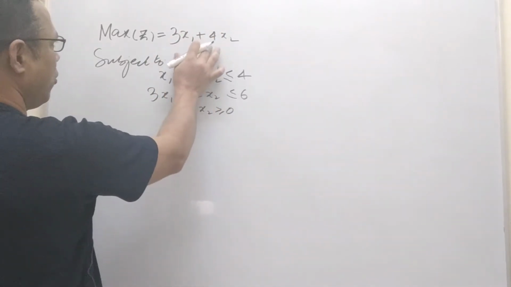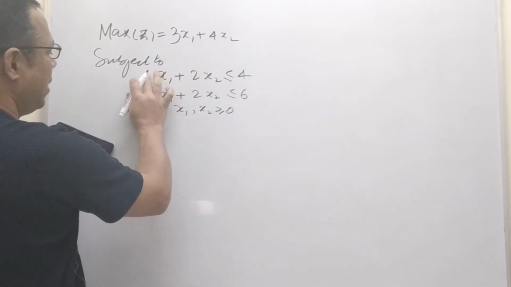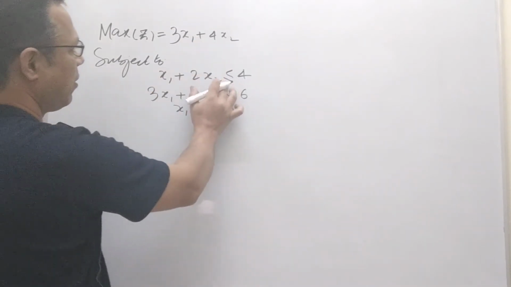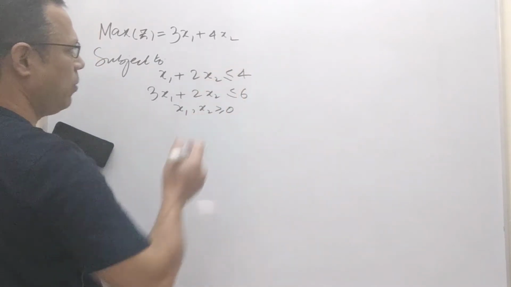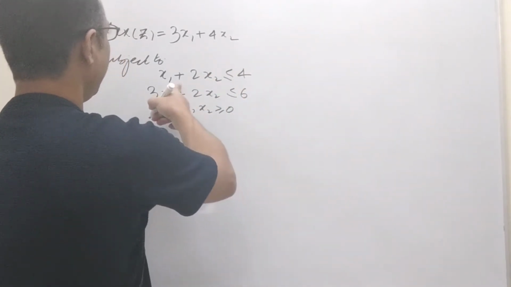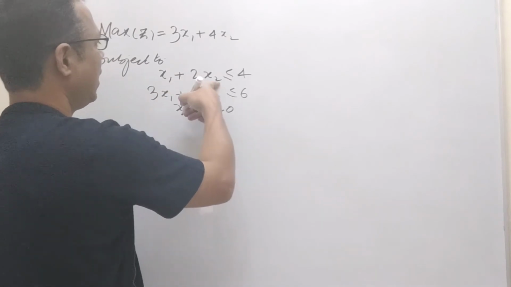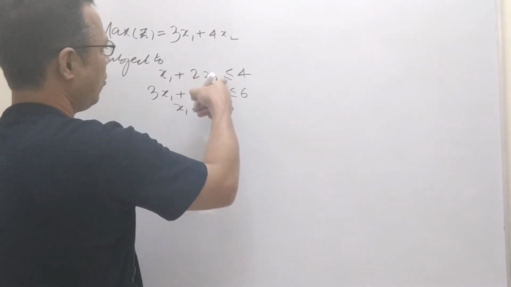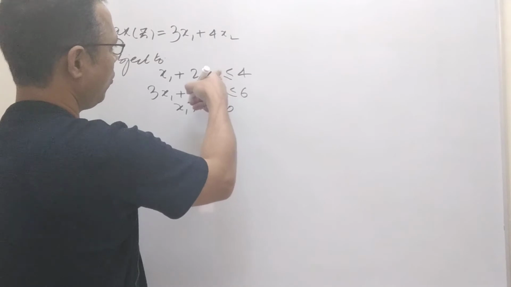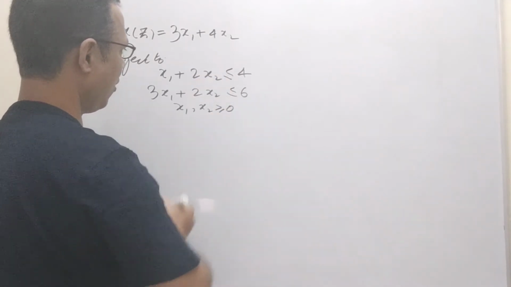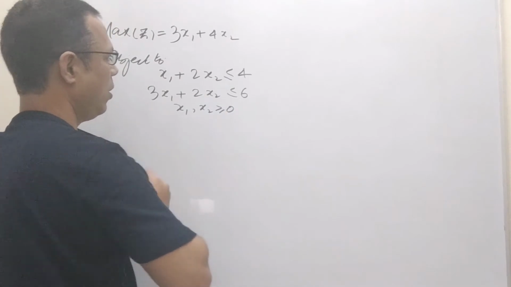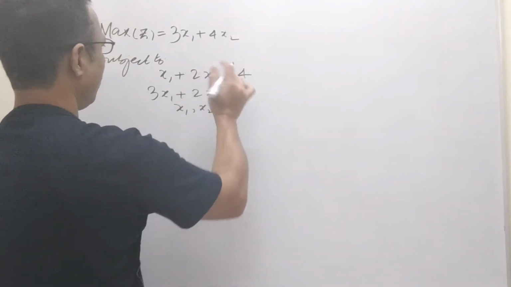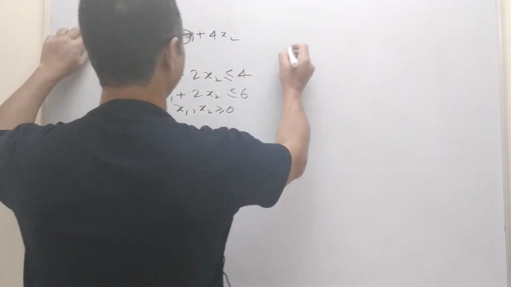So we are not going to make any changes there. But the constraints have been given in the form of inequalities, so we need to change them into the form of equations. Because the constraints are given as less than or equal to, we need to add a variable which is called a slack variable. So in these two equations we are now going to add slack variables.